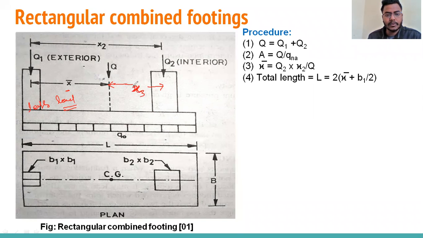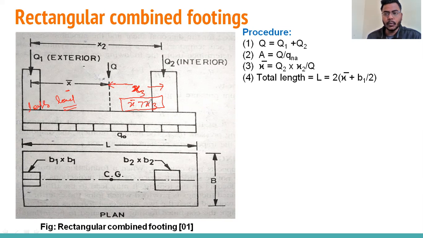You can calculate from here also. You will see that x bar is greater than x3, because Q1 is the lesser load, so the distance of the resultant load from the center of this exterior column will be more. So here x bar is greater than x3.